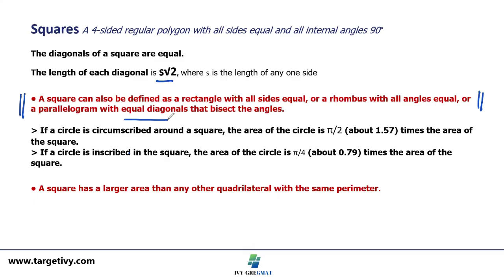Now, if a circle is circumscribed around a square, say this is a square, and I draw a circle around this, a bit of a change here. Let me draw it again.